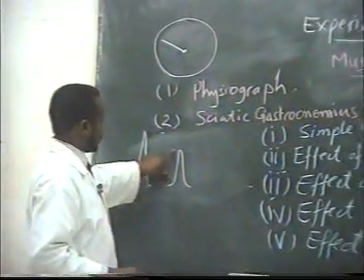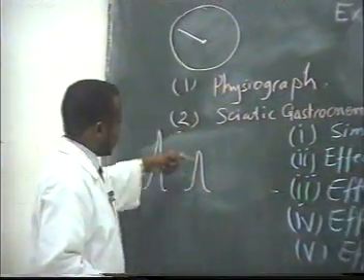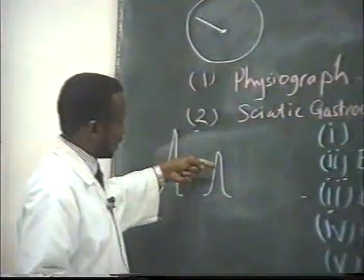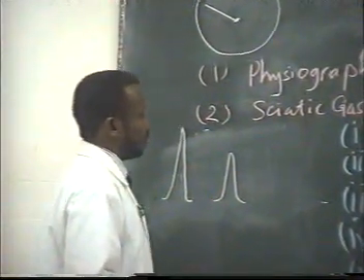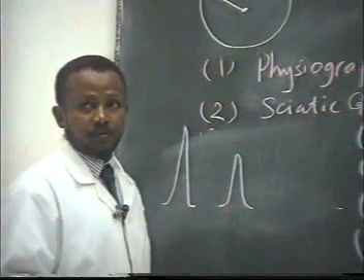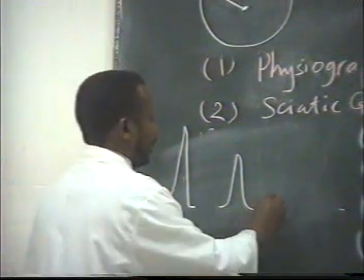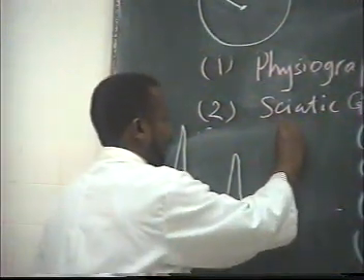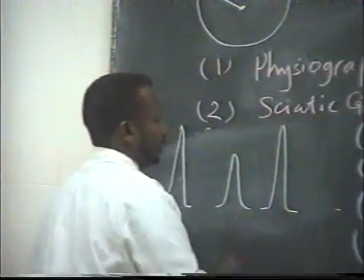When we decrease the temperature, the amplitude of contraction decreases. And when we warm our preparation again with warm Ringer solution, the contraction will also improve.